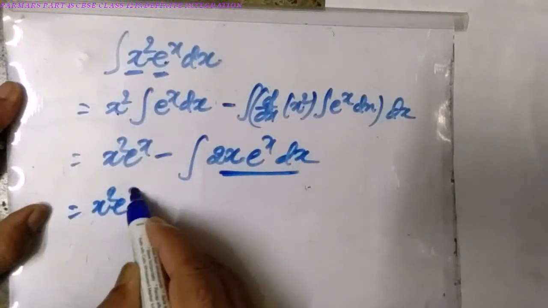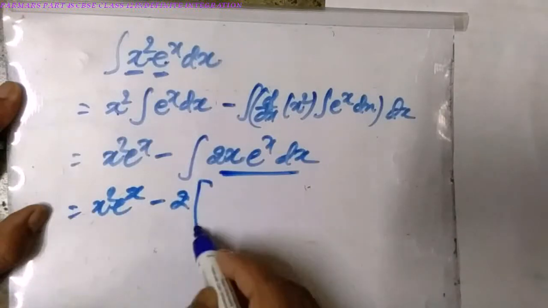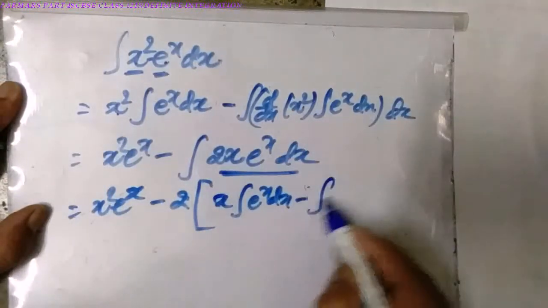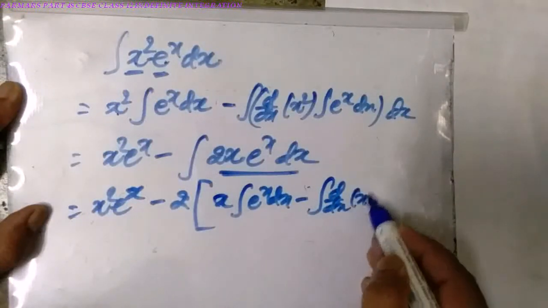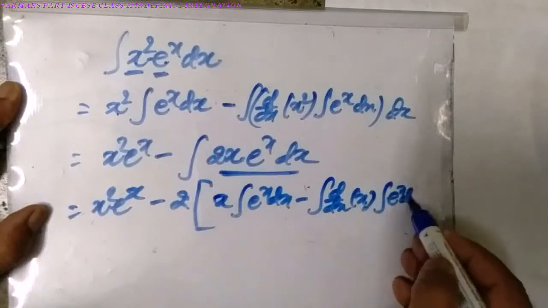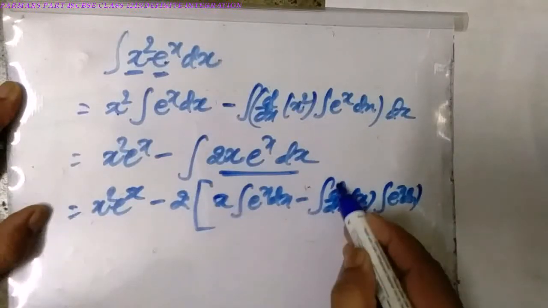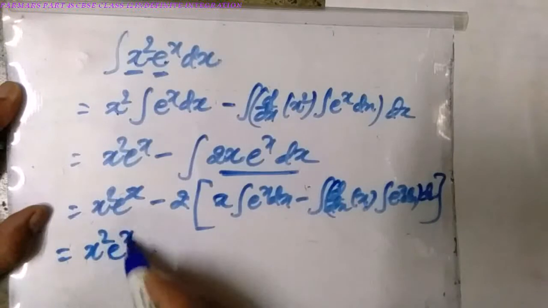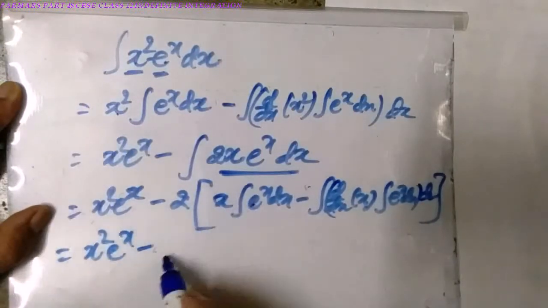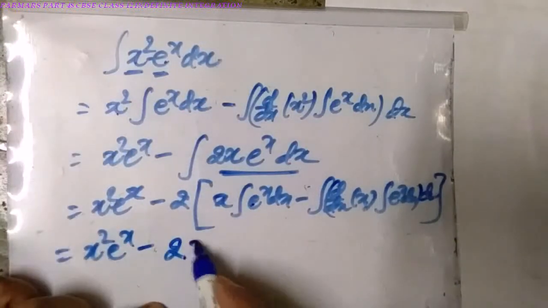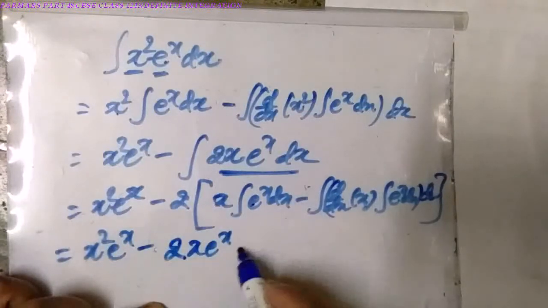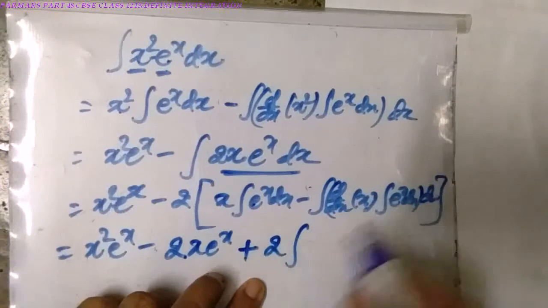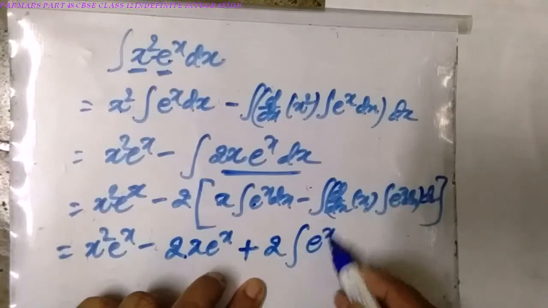Okay, x square e^x minus 2 is common, x integration over e^x dx minus d/dx of x, integration of e^x dx, and then whole dx. So x square e^x minus 2x e^x minus minus plus 2, d/dx of x is 1, and integration of e^x is e^x dx.